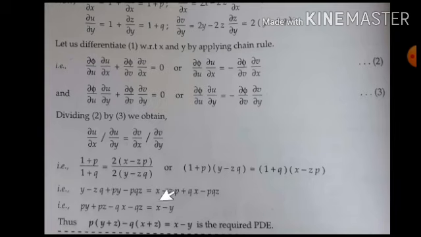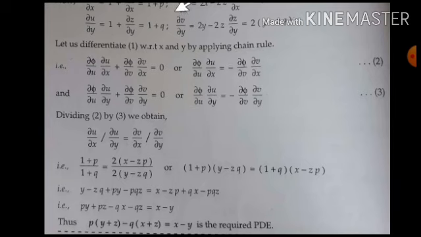So when the function is composite, and you need to form a partial differential equation, the method of differentiating a composite function, this condition, equations 2 and 3, will be the same in all types of problems.